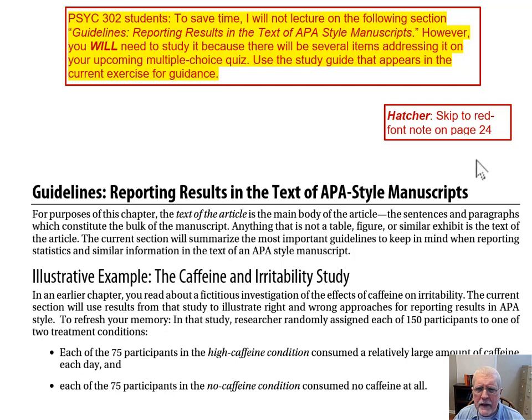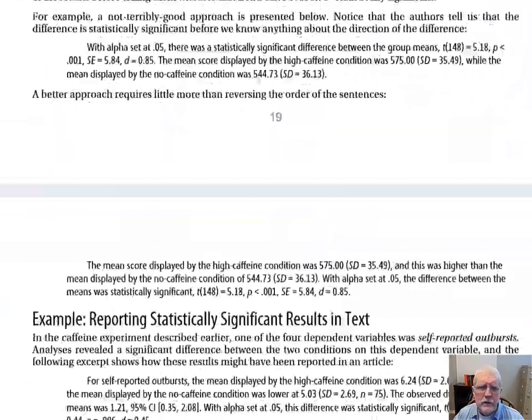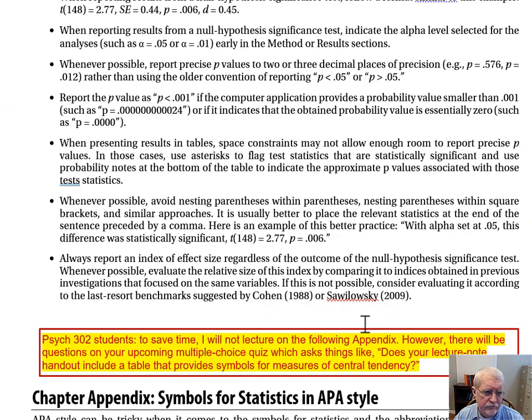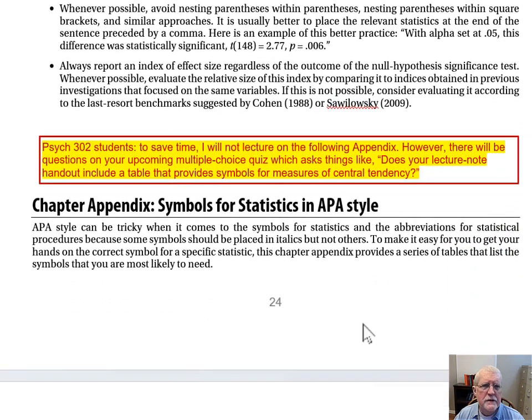Now, note to Hatcher. Skip to the red font note on page 24. We go down to 24, which is here. Page 24, this is not the very end of the chapter. What does this say? Psych 202 students, to save time, I will not lecture on the following appendix.